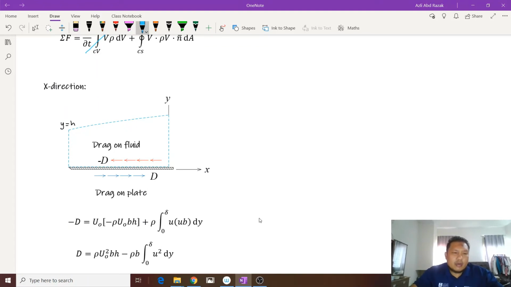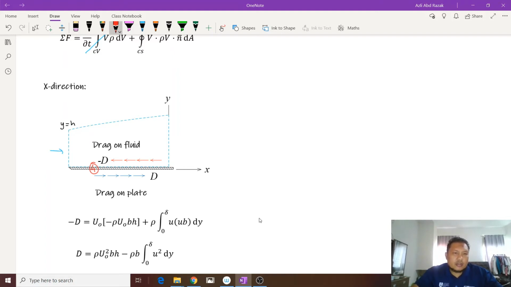If we have a normal drag here, since this is a free flow, we didn't have any drag in the front surface of the control volume. However, at surface number 4, if you still remember, we have the force, the drag on the plate, because this drag counters the flow through this plate.